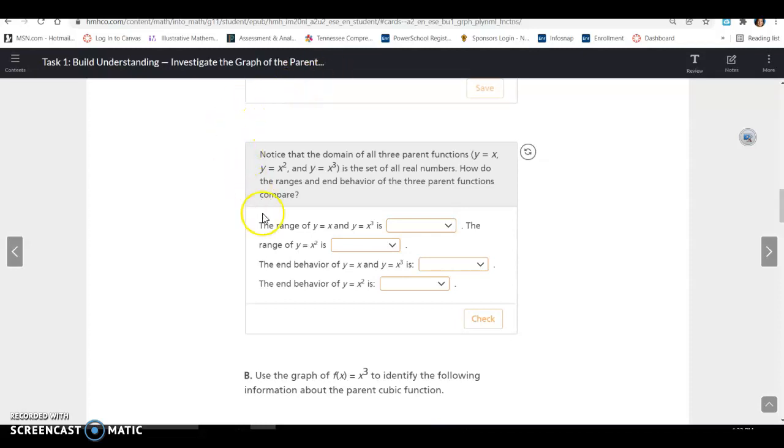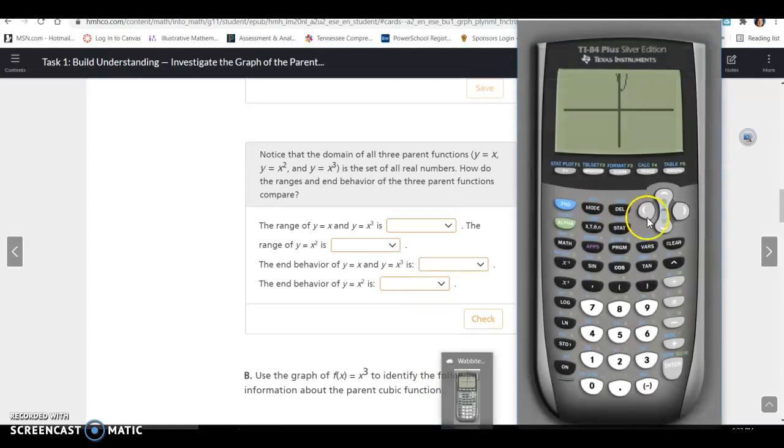So the range of y equals x and y equals x cubed is all real numbers. Let's graph, just so you're looking at the graph here. Y equals x, hit graph. Let's do zoom 6, make it a 10 by 10 window.